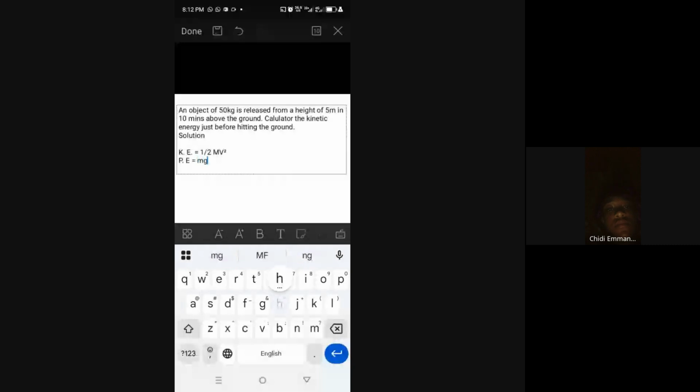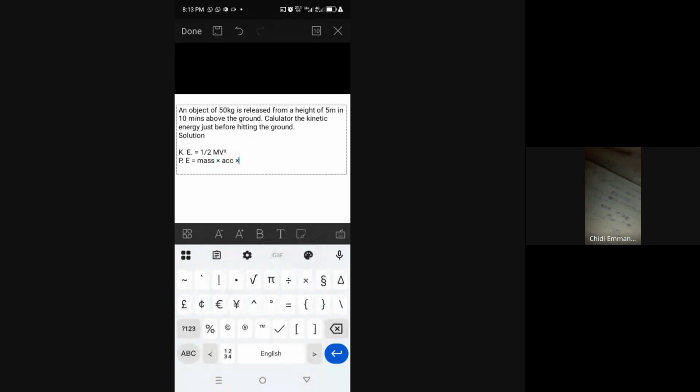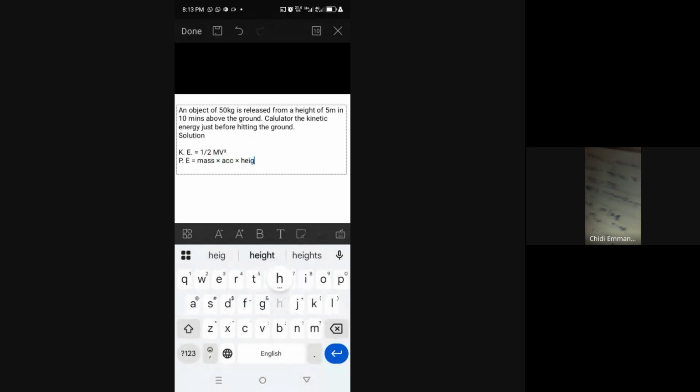Mass times acceleration due to gravity times height. That's what I'm going to use now. I'm going to equate them according to the law of conservation of energy. I'm going to say KE.